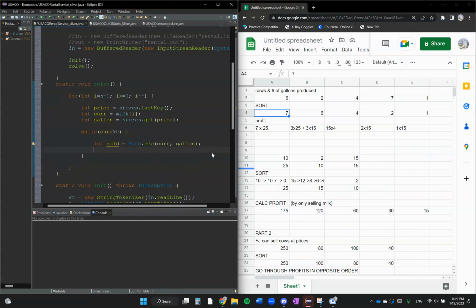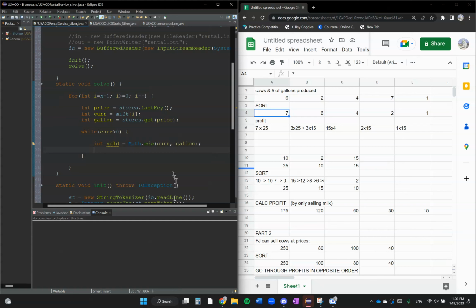Now what that basically does is, if the store is willing to buy more than the amount of milk this particular cow can make in a day, then all we have to do is just sell all the milk. But if the store is willing to buy less milk than the cow can produce, then we have to move on to another store, and continue that until we can't sell any more milk.